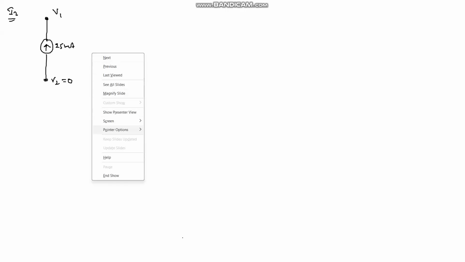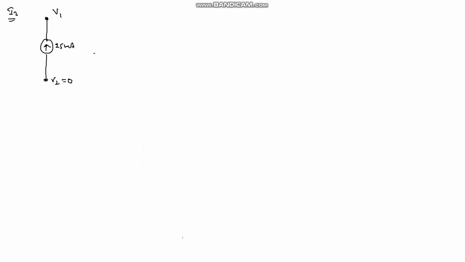It starts from V1, passes through a current source of 25 milliamps and ends at V2. The value of V2 is 0, since it is the reference voltage. And the current direction in this path is like this, and it is nothing but I2.